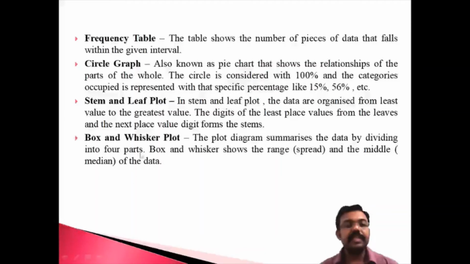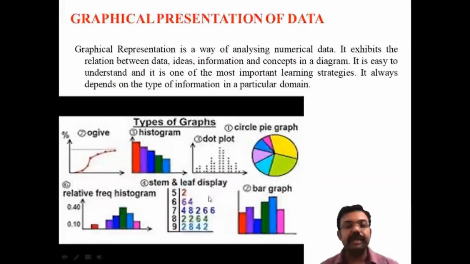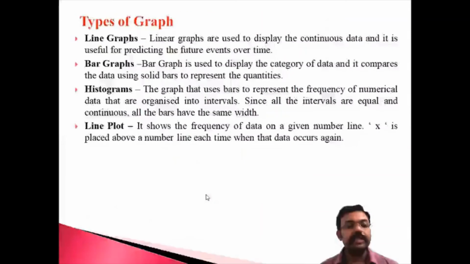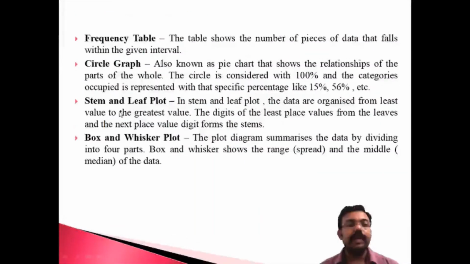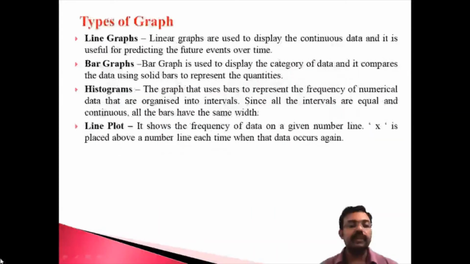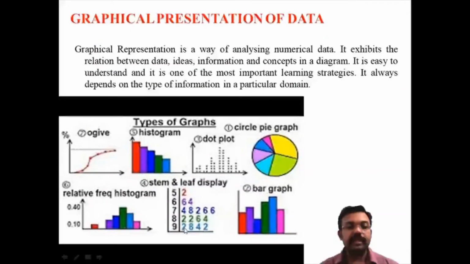And another one is the stem and leaf plot. This is another category of graphical representation. The data are organized from the least value to the greatest value. Here you can see the data arranged from the least value to the greatest value.